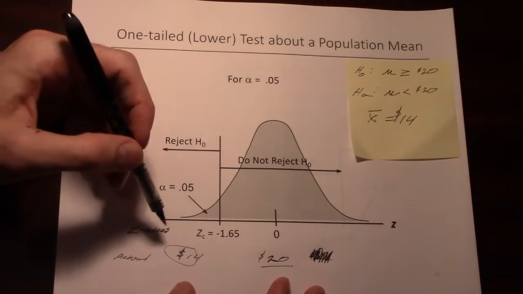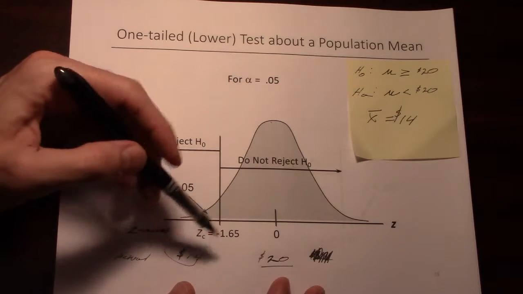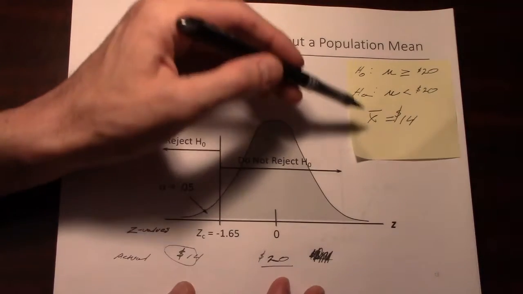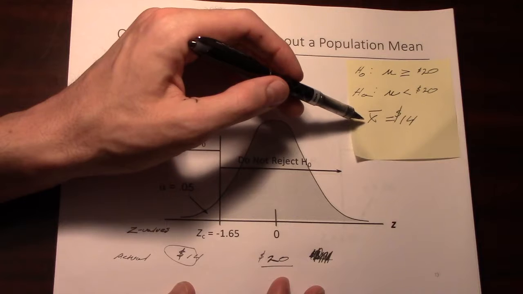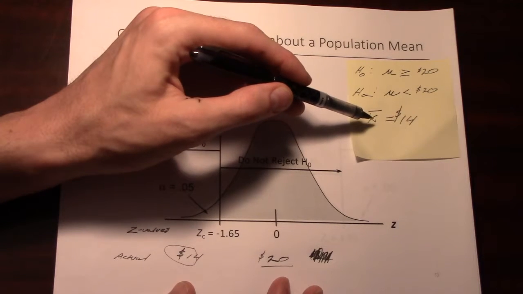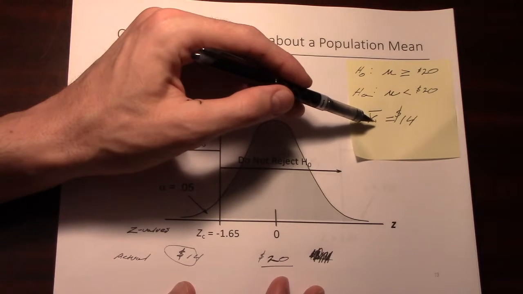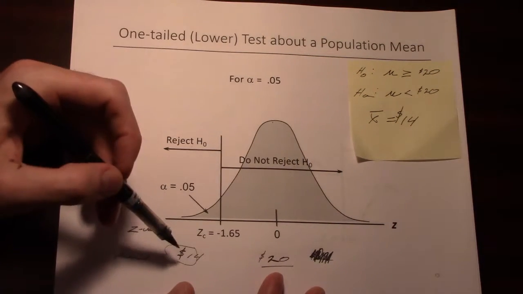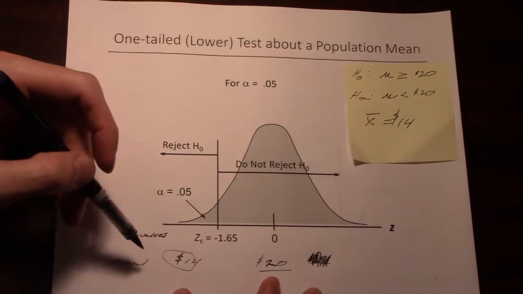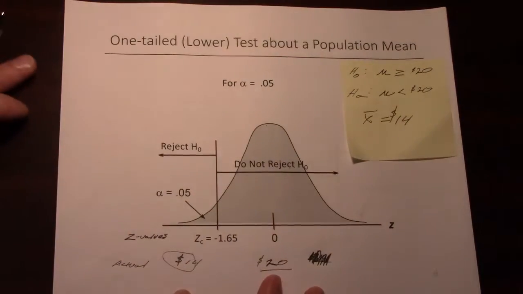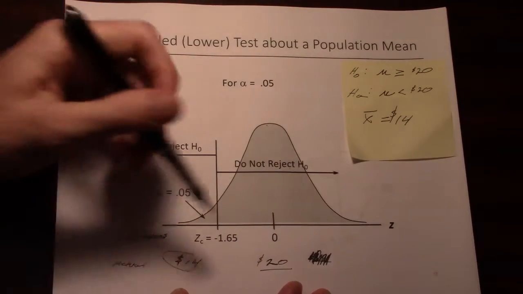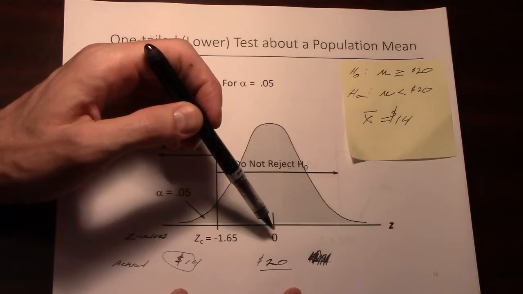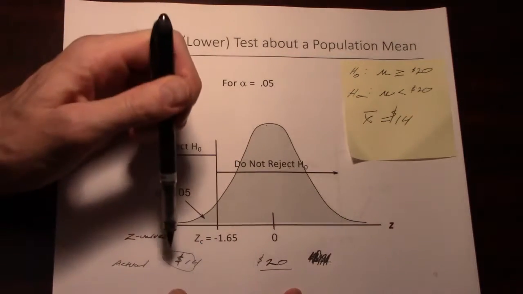Well, we're going to need to find out. So we're going to need to crunch that test statistic, that $14, and find out how many standard deviations it is below the mean. And if it is more than 1.65 standard deviations below the mean, we're going to reject the null hypothesis.